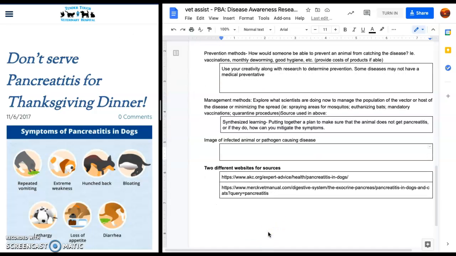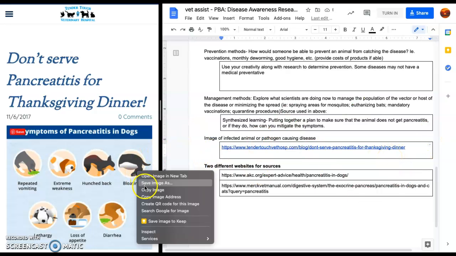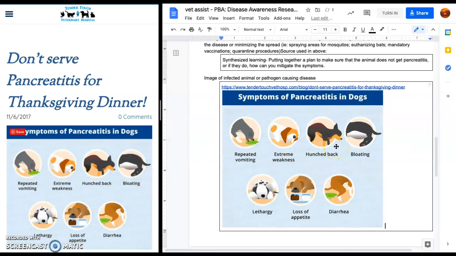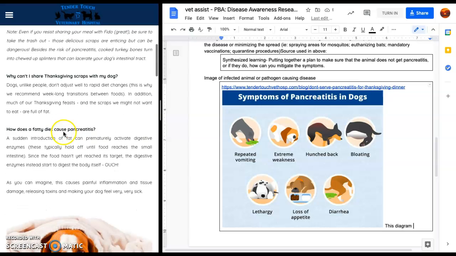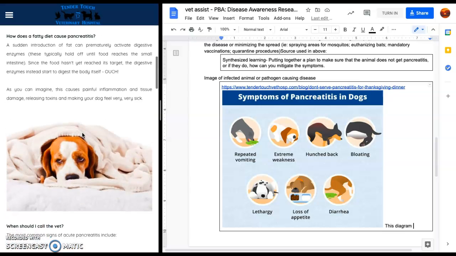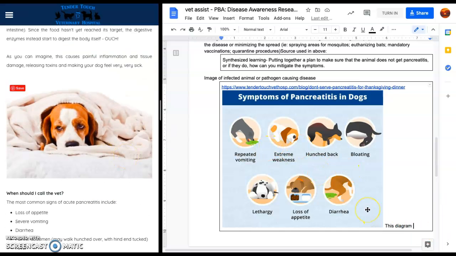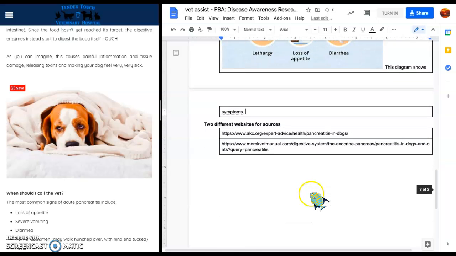So I'm actually going to insert that, that is where my picture came from. And I'm going to make sure I then can copy that image and put that down. I also want to say that this diagram, because I'm going to read a little bit more. Okay, so this diagram is telling me about the different symptoms if an animal has pancreatitis. So this diagram shows symptoms. And that would be a successful completion.